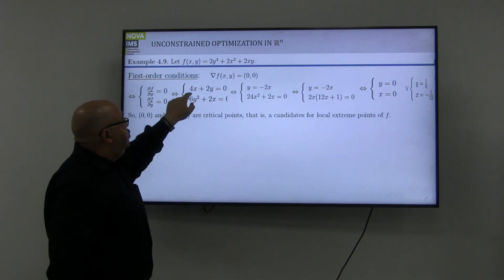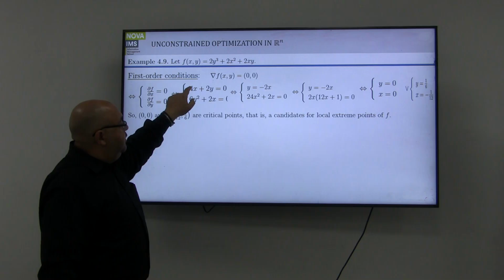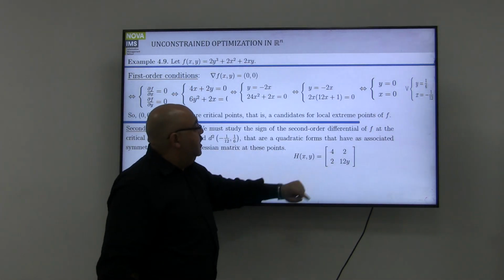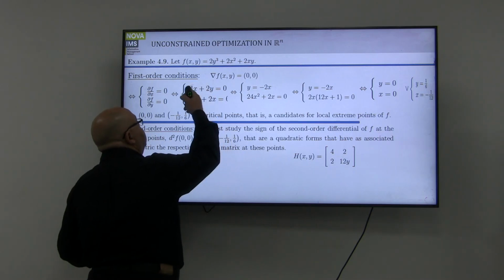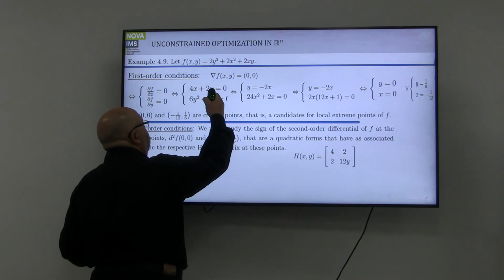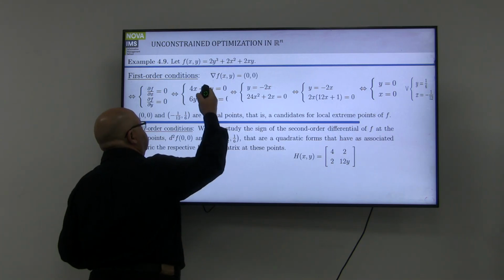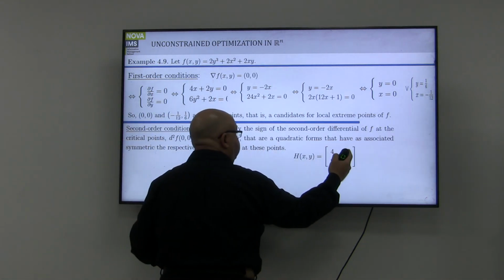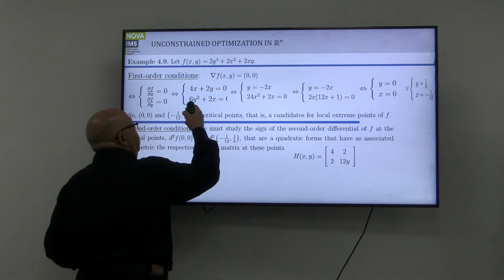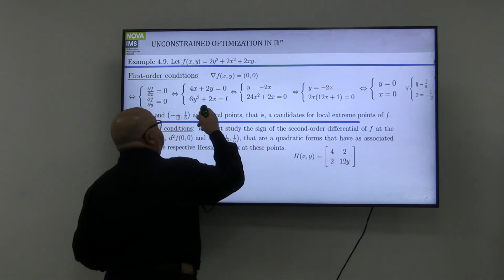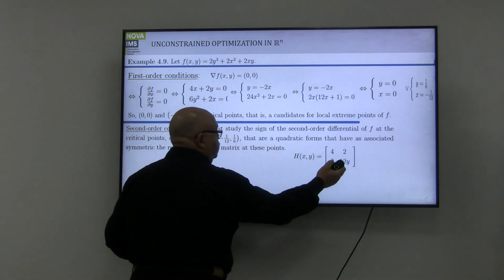Differentiating with respect to x once more, it's going to be 4. So the first element in my Hessian is going to be a 4. Then differentiating with respect to y, it's going to be a 0. Then differentiating with respect to y, it's going to be 2. This is why this element is equal to 2. In a similar manner, differentiating with respect to x, it will give 2. Here we go. Differentiating with respect to y is going to be 12 over y.